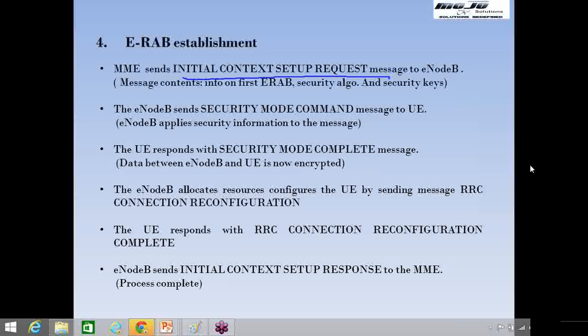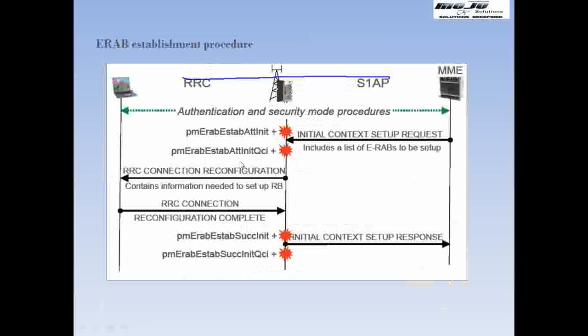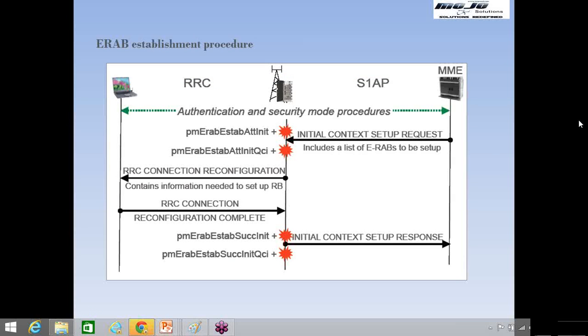Let's go to the next slide. This slide. Okay, ERAB establishment. So the request which was sent by the node B to the UE, maybe it was not received. Signal fluctuation, anything. The S1-MME link is intermittent.